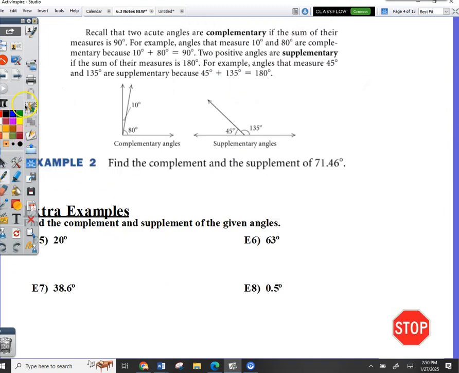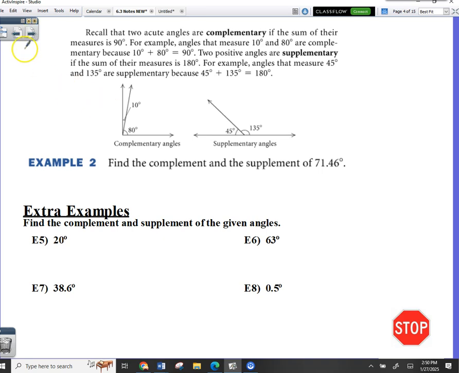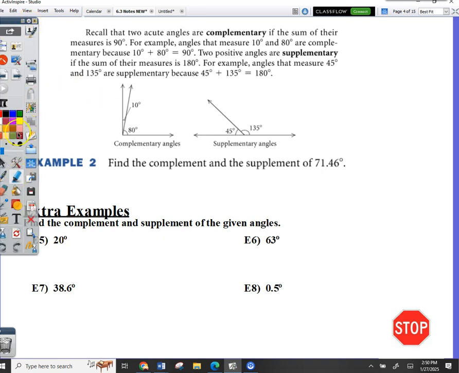All right. Now let's look at this. We're looking at two vocab words that you need to know: complementary and supplementary. You may remember these from geometry. May or may not.